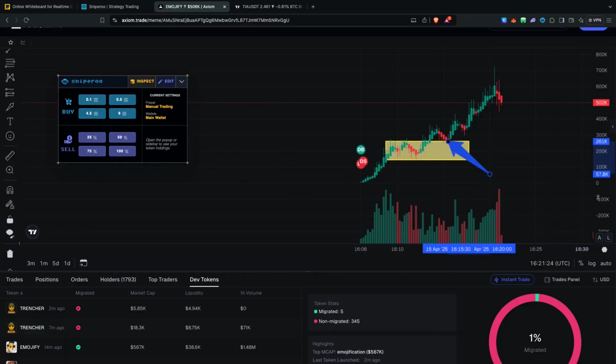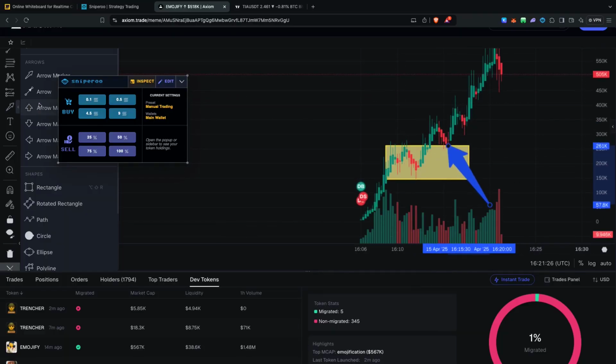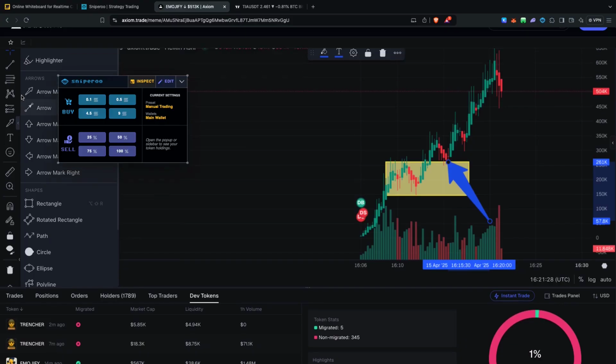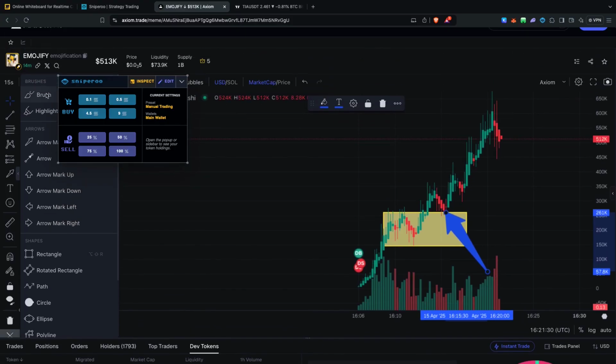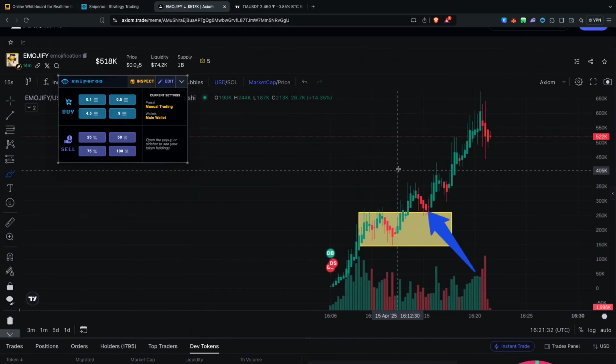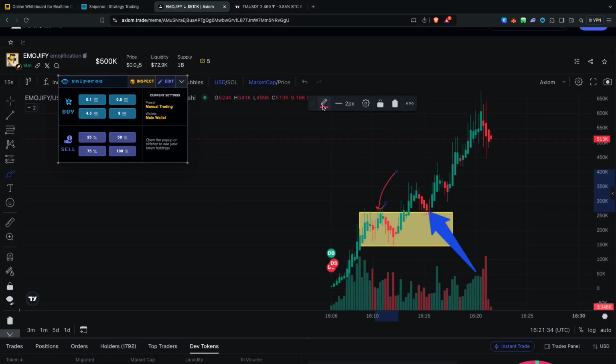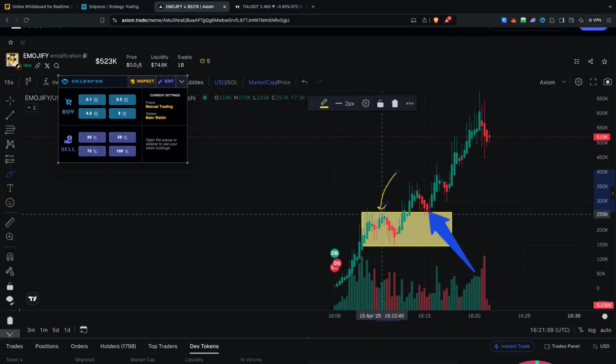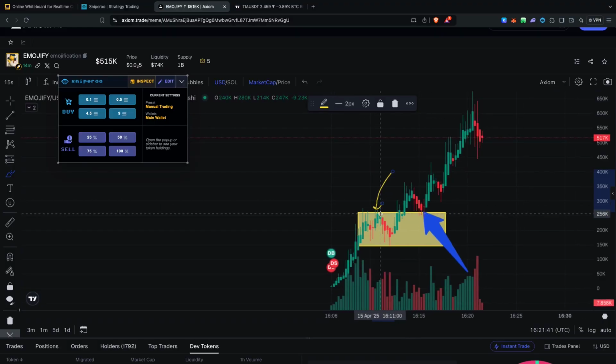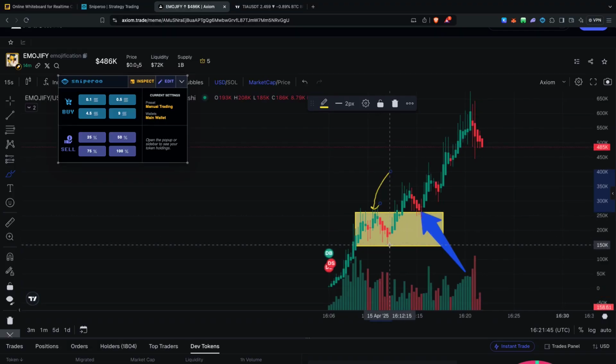The reason why I'm saying that is because this used to be the previous resistance. So right over here. Let me change the color to yellow so that you can see it properly. That was where the price went. It went to around 250k, then retraced to 150k, and then it went back in.